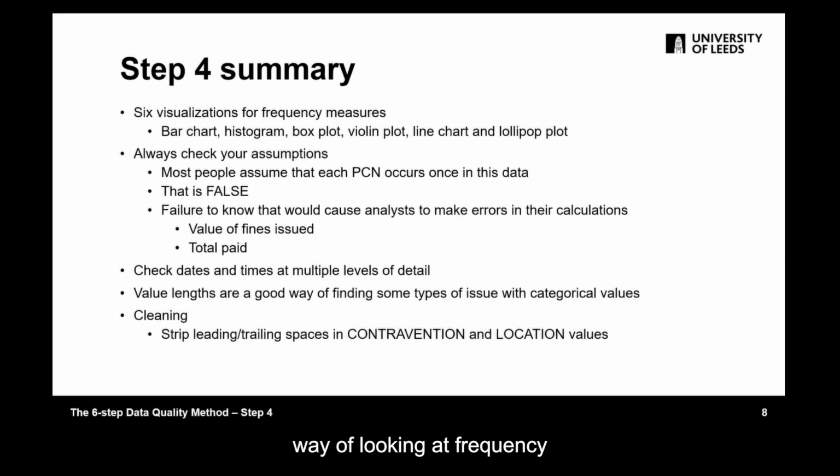Another way of looking at frequency measures is a box plot, but that relies on your data being unimodal, that is, it having one peak in the distribution, whereas a violin plot will show you all of the peaks within a distribution. And so starting by checking your data with a violin plot is always sensible.